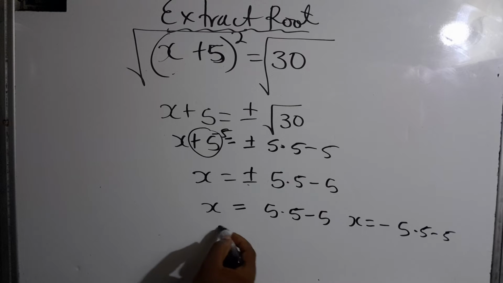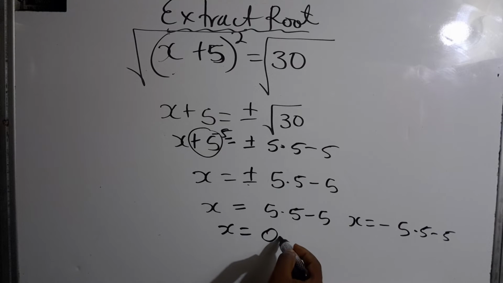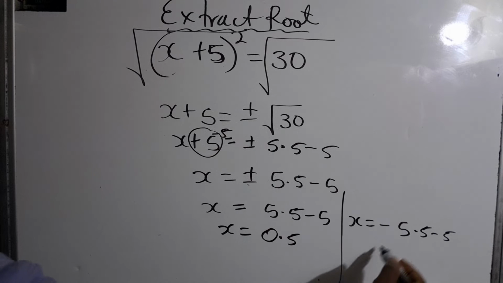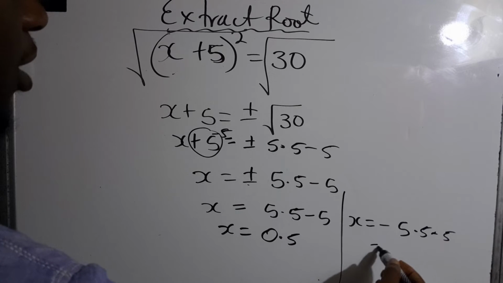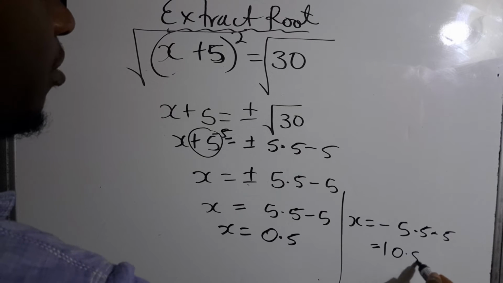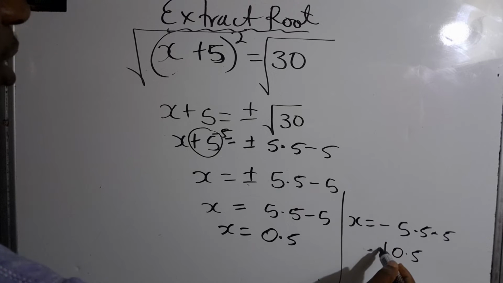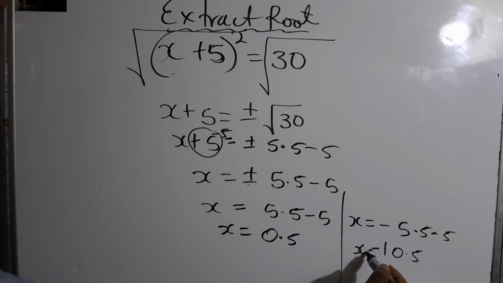The first would give us 0.5. For the second, both of them are negative, so we add, which gives us 10.5, and of course it would be negative. So x is equal to 0.5 and negative 10.5.